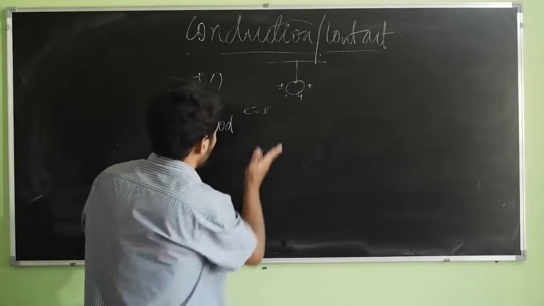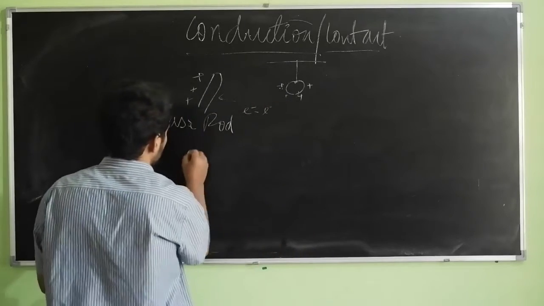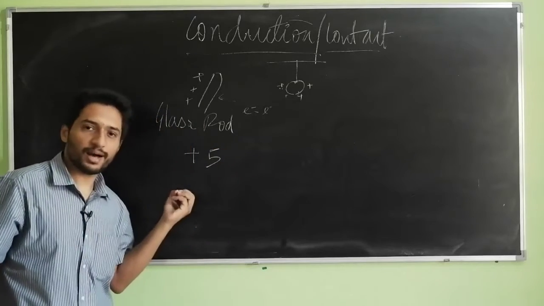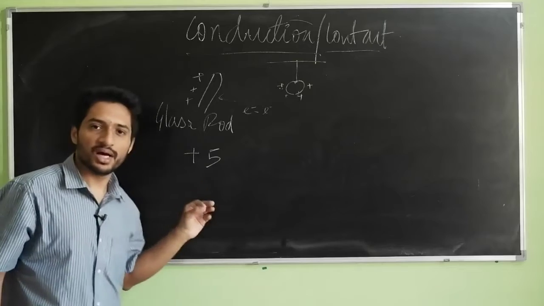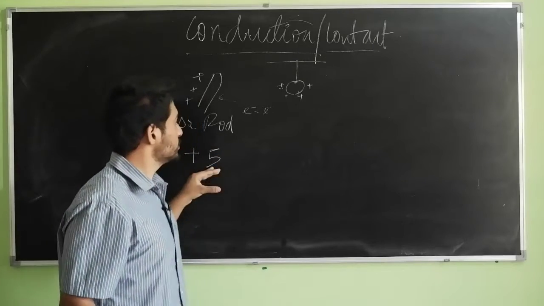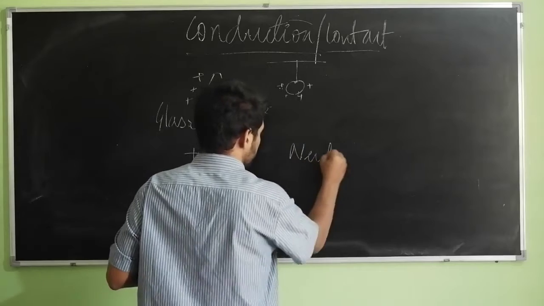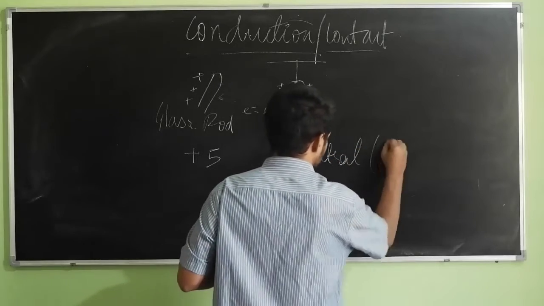Let's say as an example the glass rod initially had +5 charge and the pith ball was neutral.